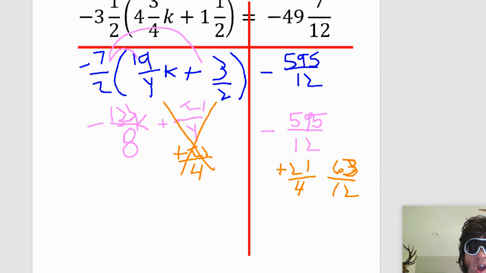Now the tricky part here is negative 595 plus 63 is actually going to be not 600 something. It's going to be 500 something because you're getting closer to 0, but you're not going to pass 0. So let's go. It's going to still have 12 on the bottom. I know, bros. Huge problem. We're not even done. Fix my 2. There we go. Sorry about my handwriting today. Then the next, I'm going to have negative.